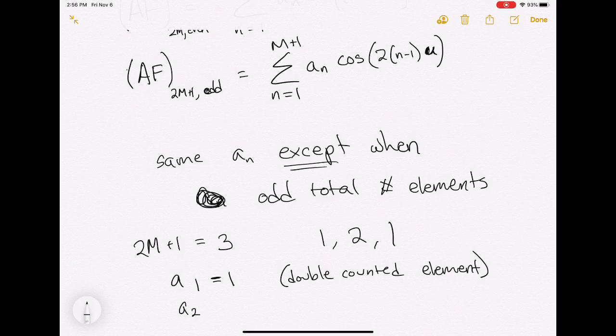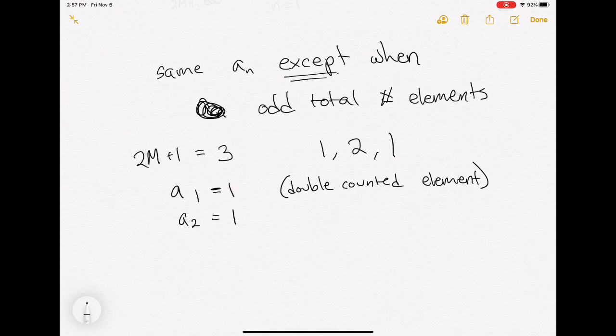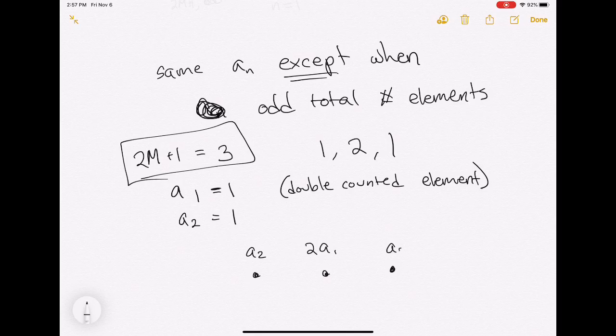And then a2 is equal to 1. But when you actually excite your array, you still only have 3 elements. So your excitation is a2, 2 times a1, a2. And those numbers have to be equal to 1, 2, 1.